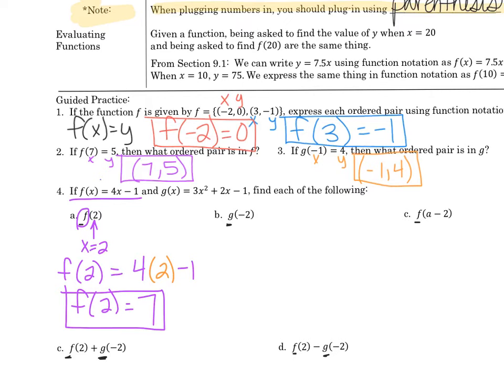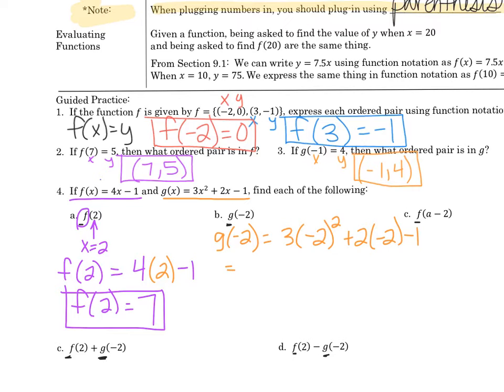For B, we have g of negative 2, so in g, we're going to plug in negative 2 everywhere there's an x. So g of negative 2 is equal to 3 times (negative 2) squared plus 2 times (negative 2) minus 1.